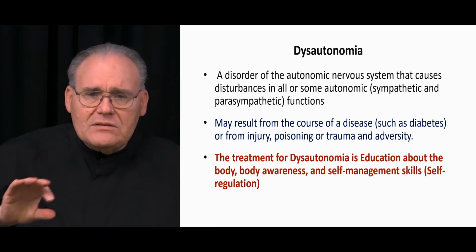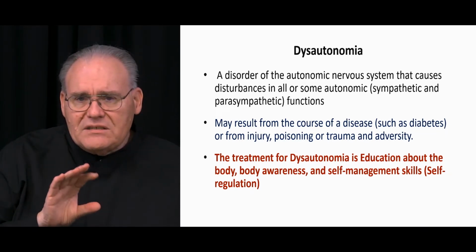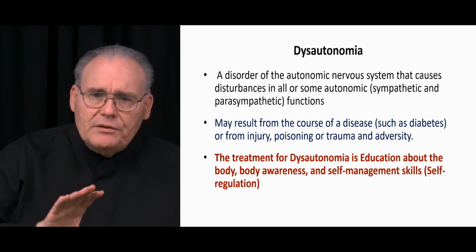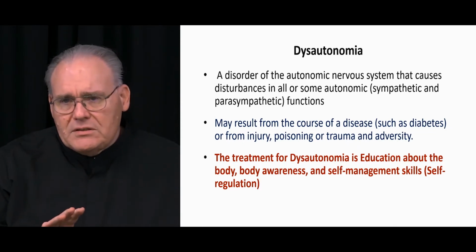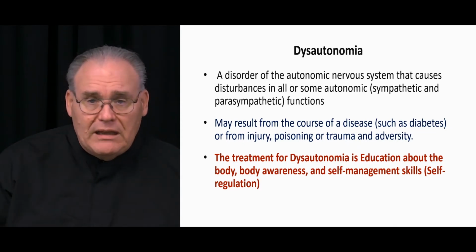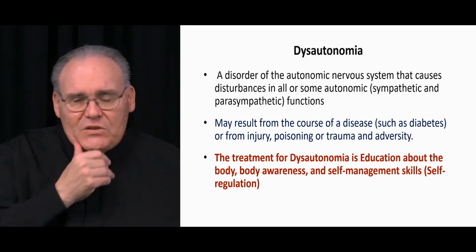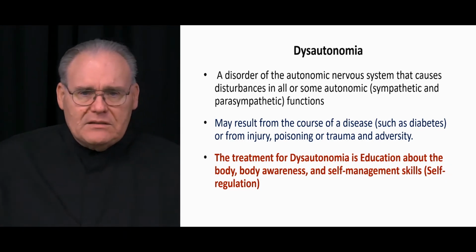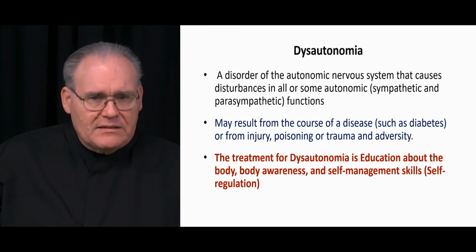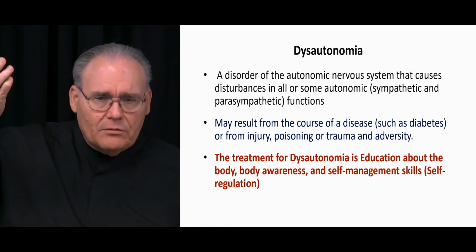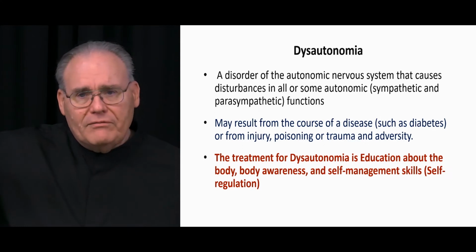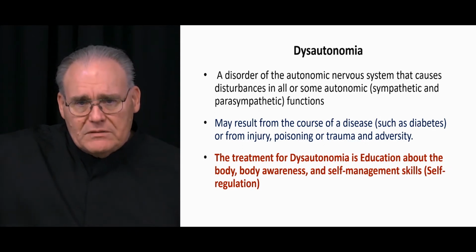Dysautonomia is any kind of symptoms that emerge as a result of the autonomic nervous system being out of balance, and being out of balance persistently. So when the sympathetic and parasympathetic system are out of balance and the sympathetic system is dominant for long periods of time, what you're going to find is the emergence of symptoms.